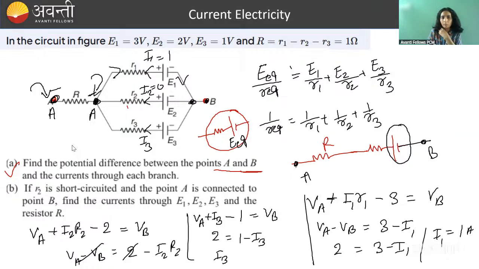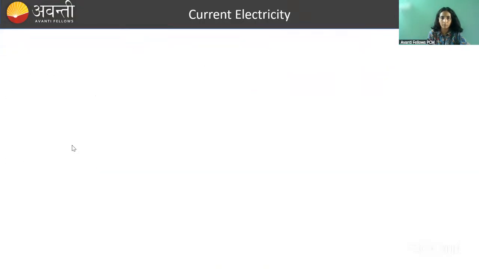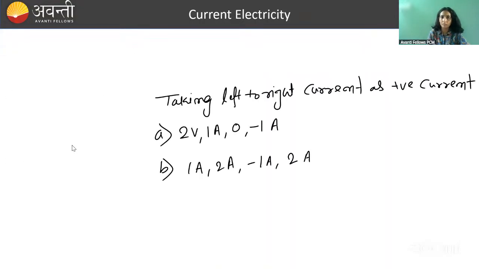I3 is equal to how much? Minus 1 ampere. So the direction is opposite of what I have taken over here. Okay? So the answer will be 2 volt, 1, 0, minus 1. Let's check the answer first. So 2, 1, 0, minus 1. This is for the first case.